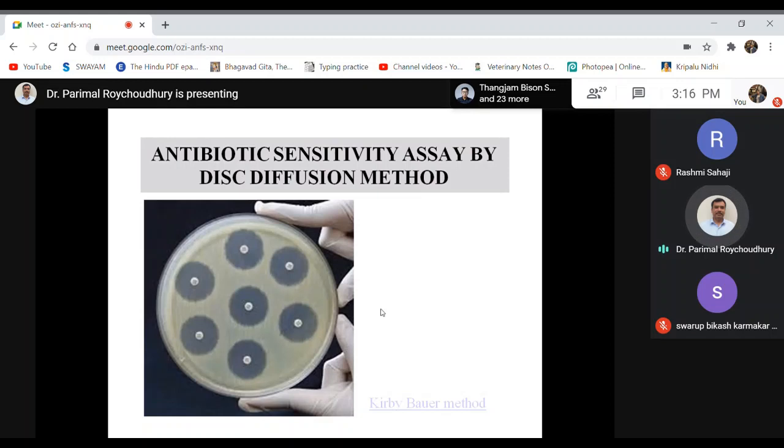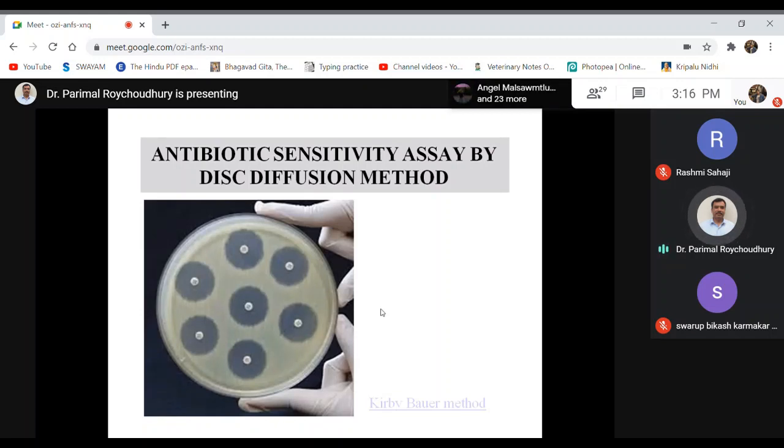Just think about it: if the bacteria are able to generate resistance against most of the antibiotics available in the market, then what next? We will be handicapped in treatment against bacterial infection. And in fact, it is happening. In fact, it is happening.